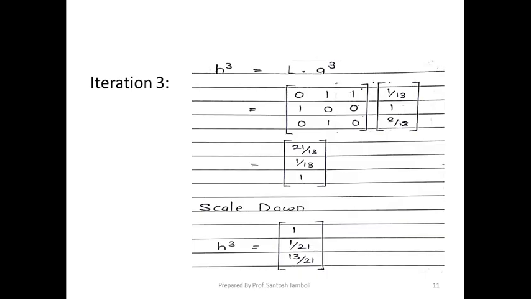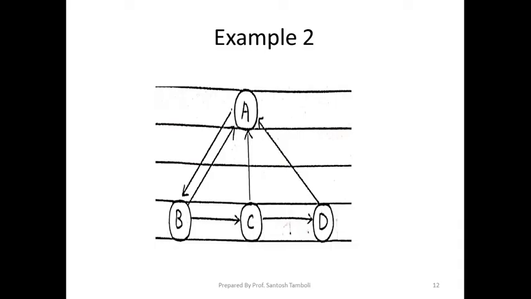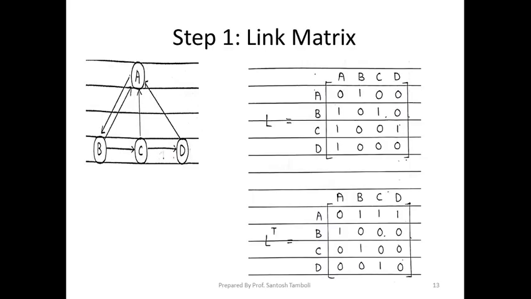Okay. Let's see example number 2. As we can see, there are 4 web pages and we need to calculate the hubs and authorities for this web graph. So what will be the first step? Find the link matrix.